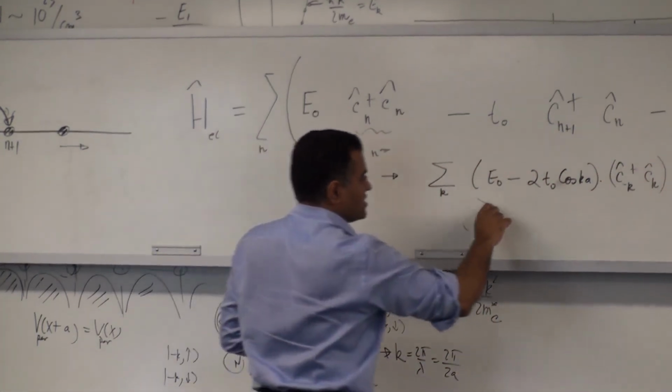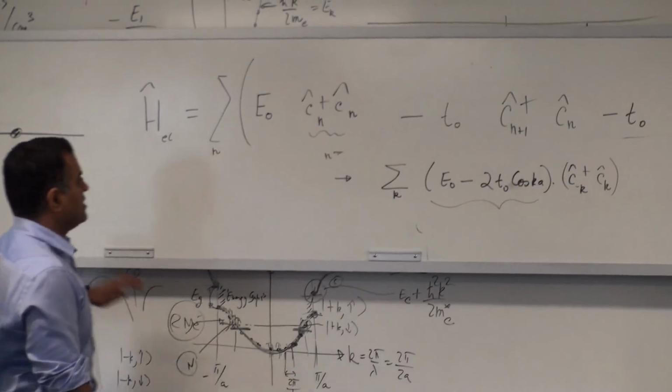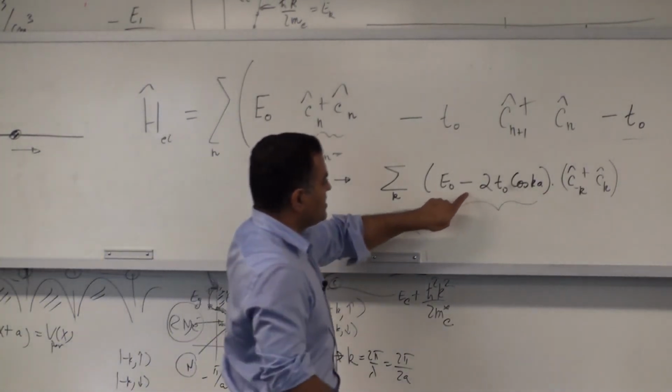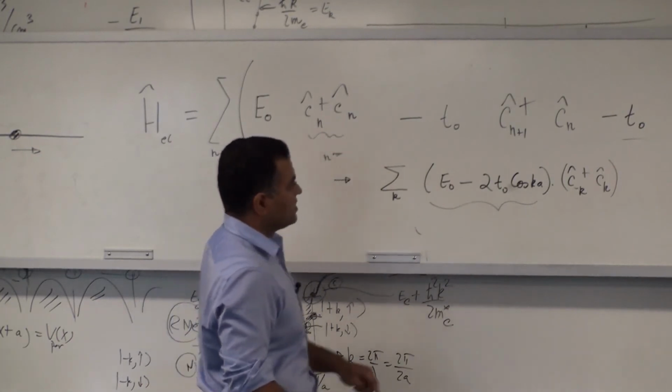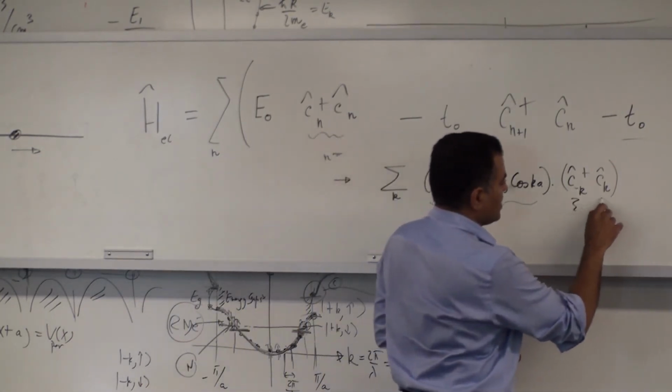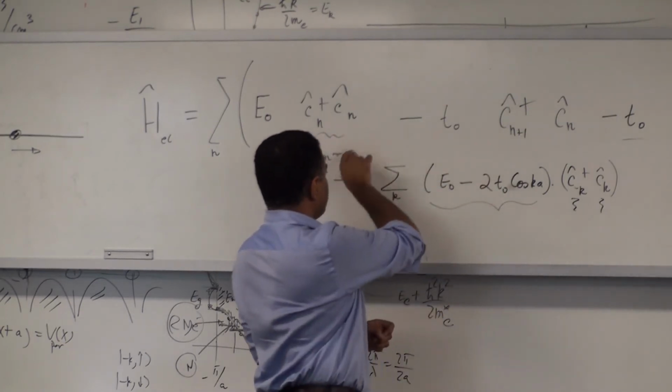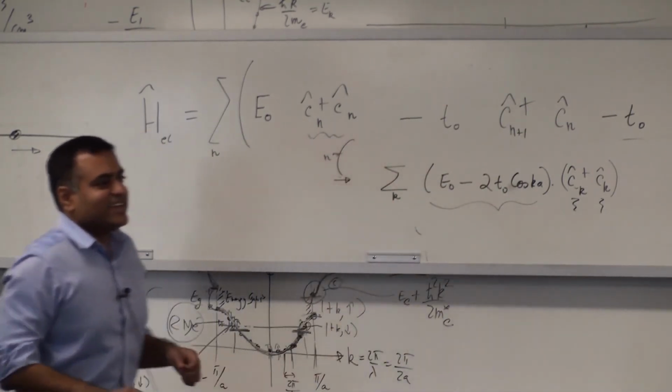So here's the energy dispersion in k space, not in site space, and that's your effective band structure. And now you have your creation and annihilation operators in k space. We're going to show this tomorrow. It's a little bit of work, but it's not very hard.